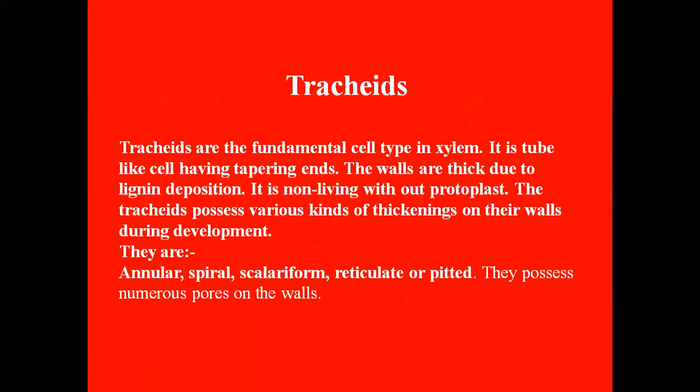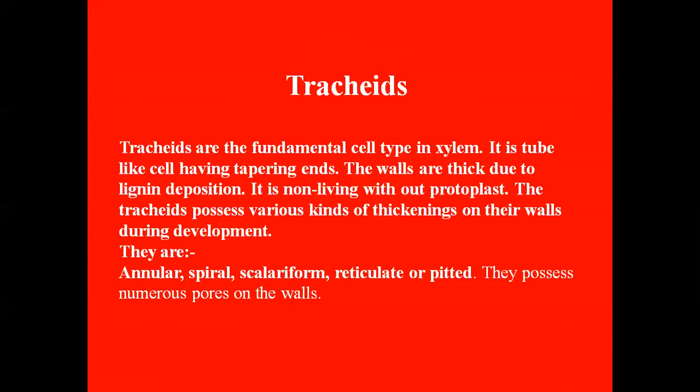Tracheids. Tracheids are the fundamental cell type in xylem. It is a tube-like cell having tapering ends. The walls are thick due to lignin deposition. It is non-living, without protoplast.